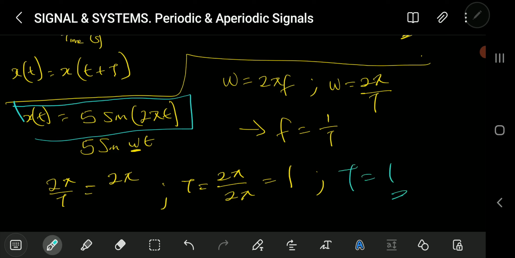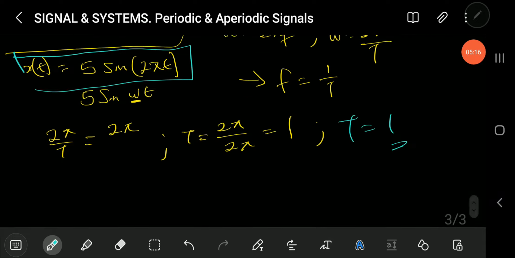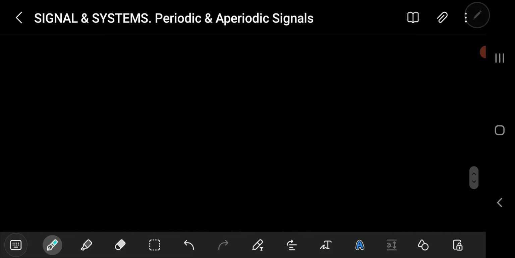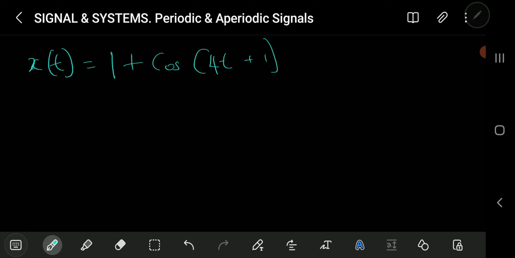Now let's look at another example. Suppose we have x of t equals 1 plus cos 4t plus 1, and you're asked to calculate the period.